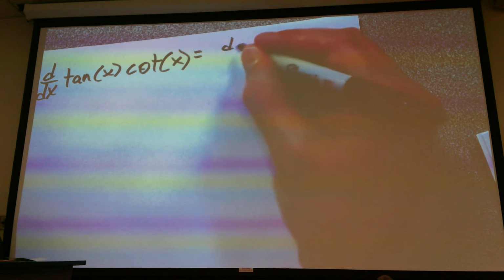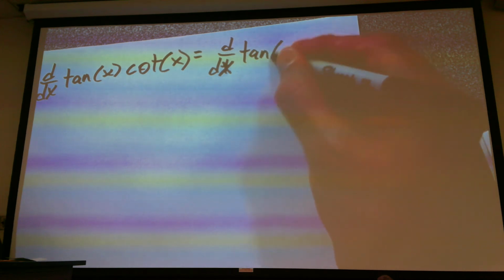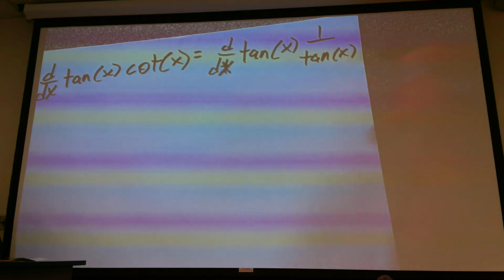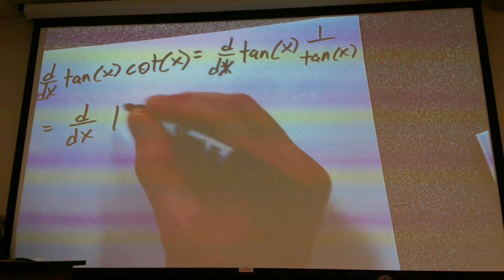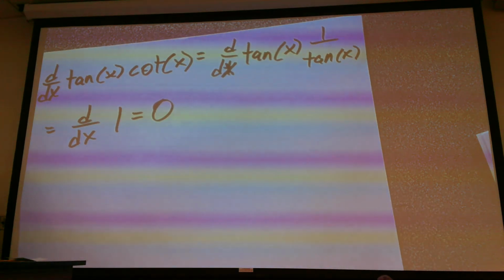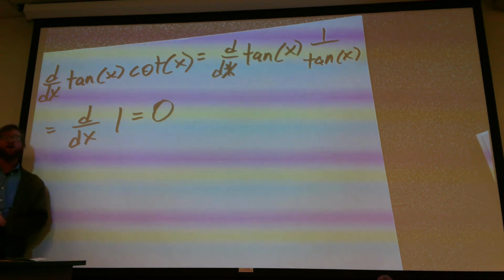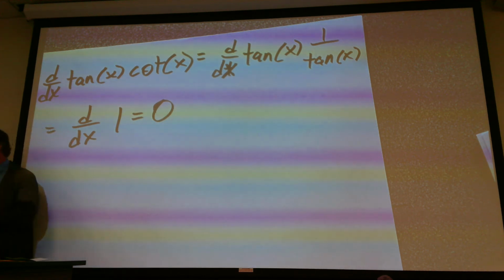This is the same thing as writing the derivative with respect to x of tangent of x times 1 divided by tangent, since cotangent is really 1 divided by tangent. On this problem, I would just look at it and say, that thing is 0. But if you want to do the product rule, it is going to come out to being 0.